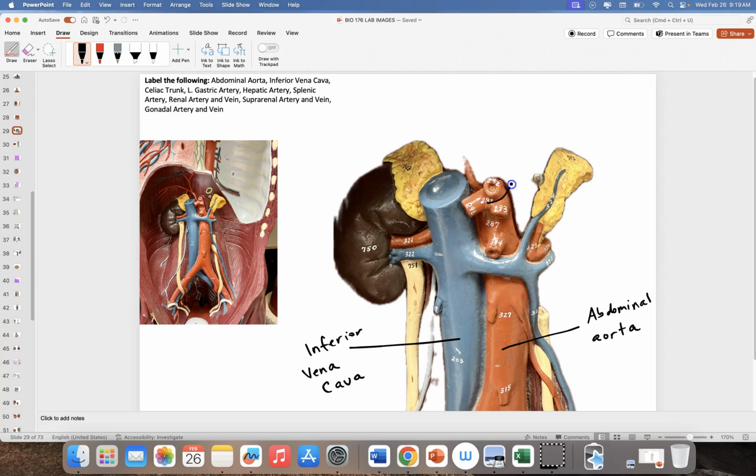Right here we have this celiac trunk. And then we're going to see some branches from that trunk. We have the left gastric artery right here.